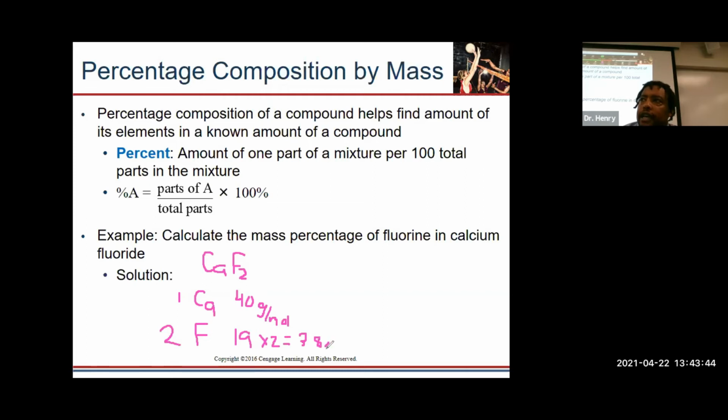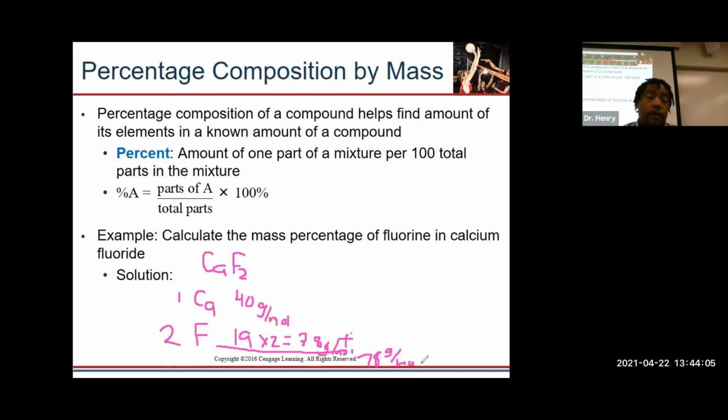I add these together, and that's 78 grams per mole.